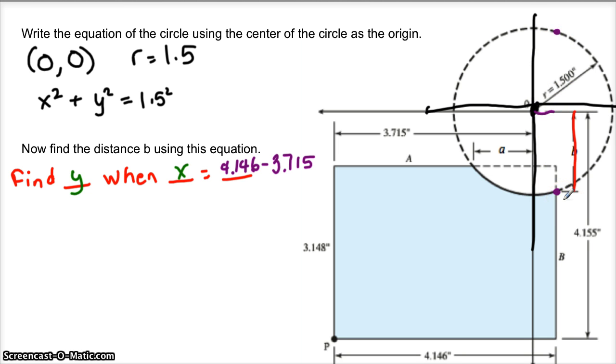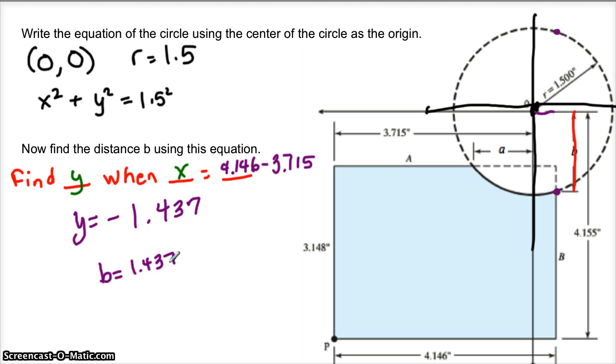If you don't want to, you could just guess -1 and it'll give me the negative back as the answer. So over here, the value I'm really looking for is y equal to -1.437. But b is a distance, so what we really want is the positive answer anyway. So b will be positive 1.437.